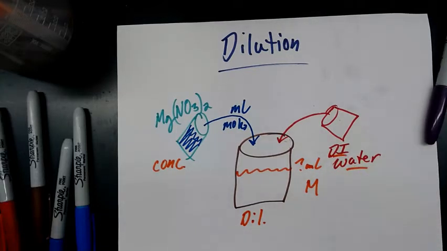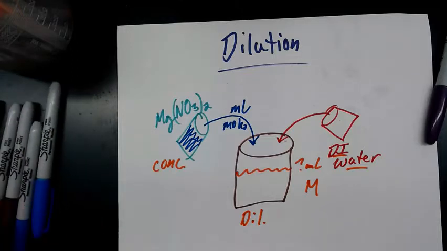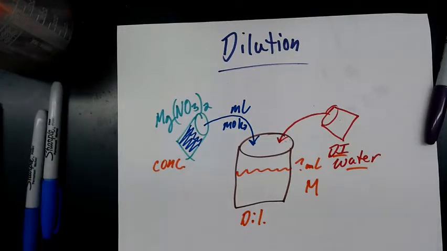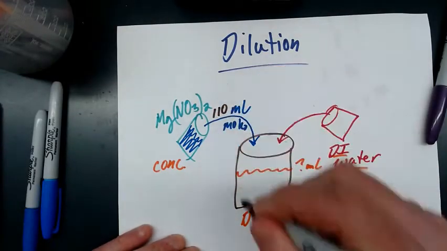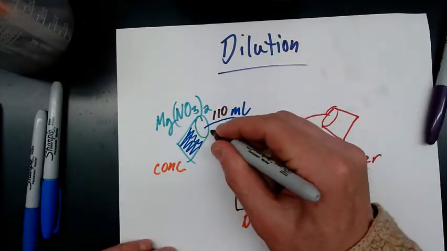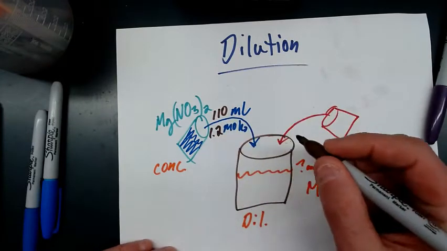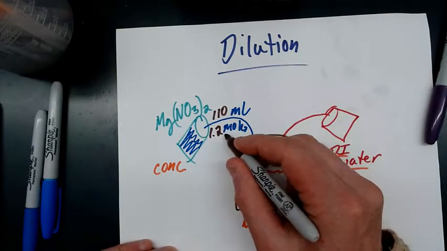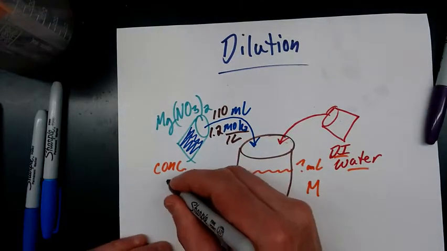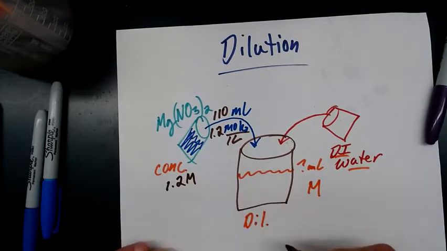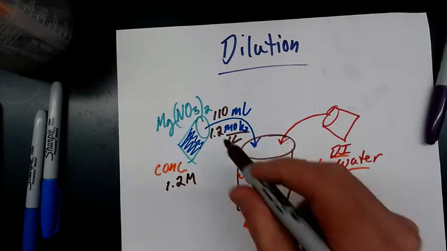So let's come up with some numbers, maybe even use some simple numbers. How about we pour 110 milliliters of a 1.2 moles per 1 liter, or big M. So it's a 1.2 big M solution. Let's pour it into there. And we're pouring 110.